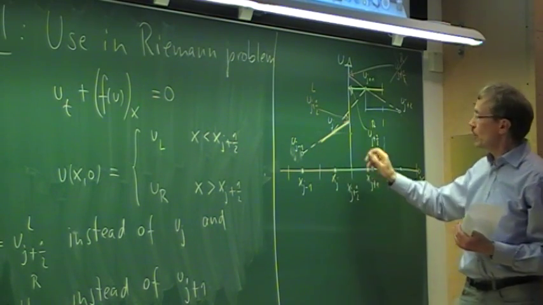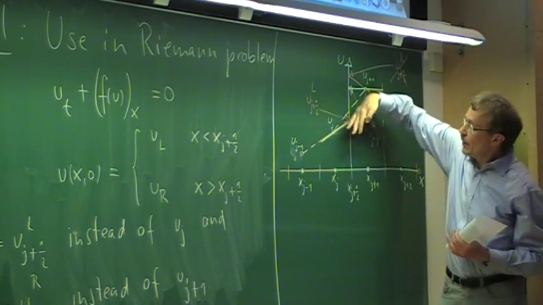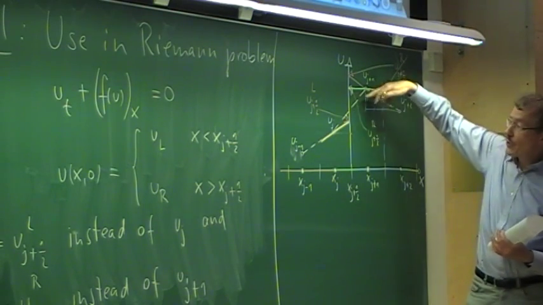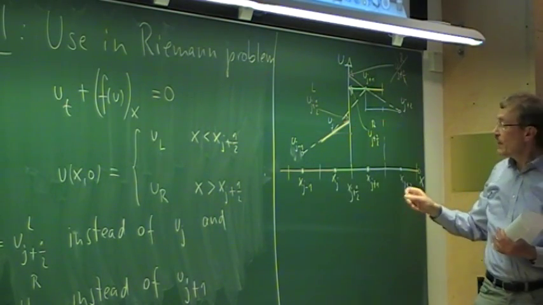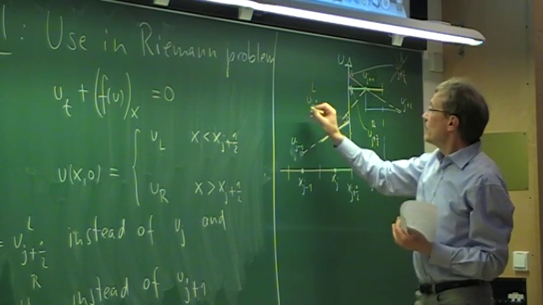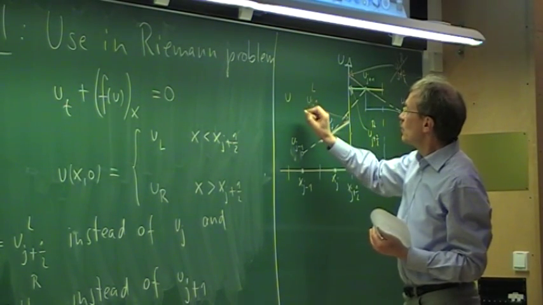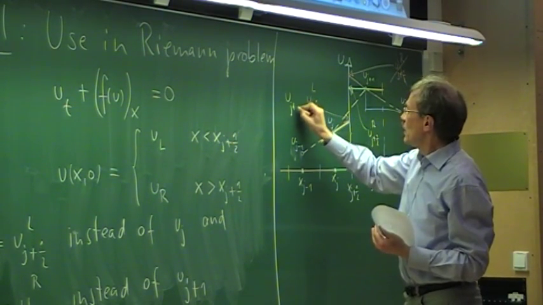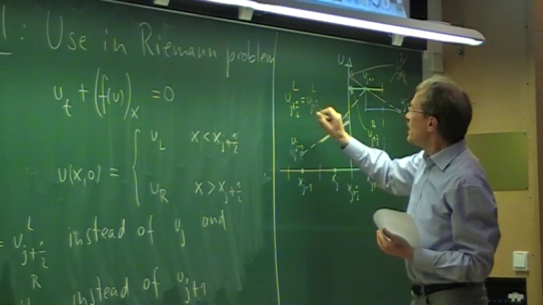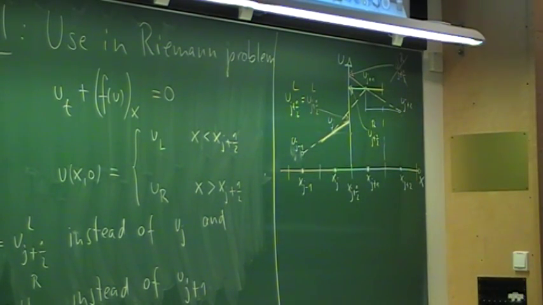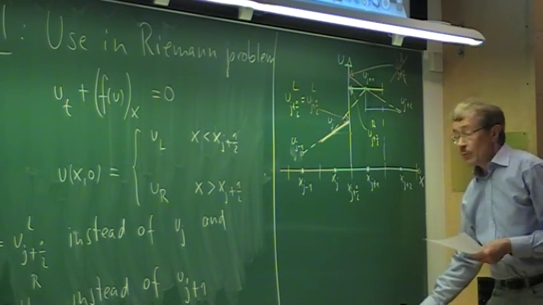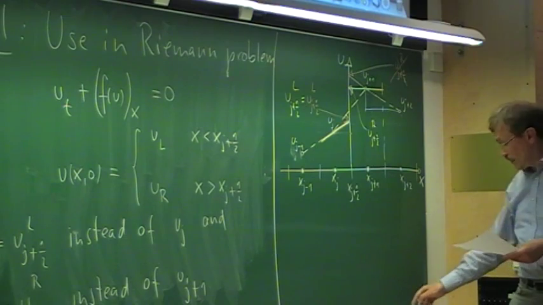We take this slope because it is smaller than the slope between uj plus 1 and uj. So the slope limited uj plus 1/2 left is equal to the one that we had in the first place. But that was just a coincidence.